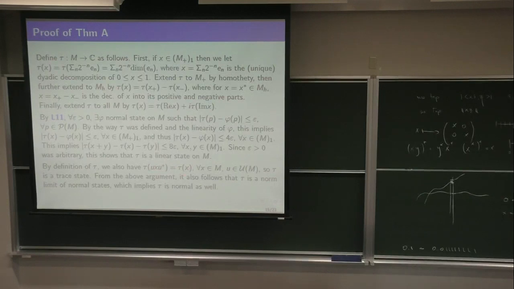It goes on and on for that property. Now, from the above argument, it also follows that tau is a norm limit of normal states. You see how we approximate it with normal states, which implies that tau is normal. That's a trivial exercise.